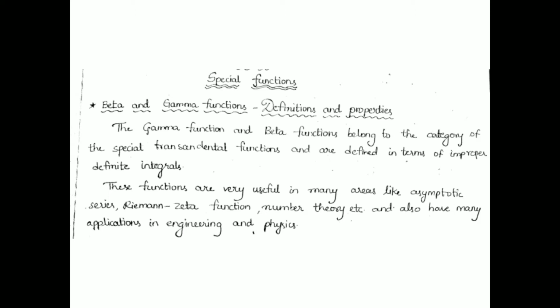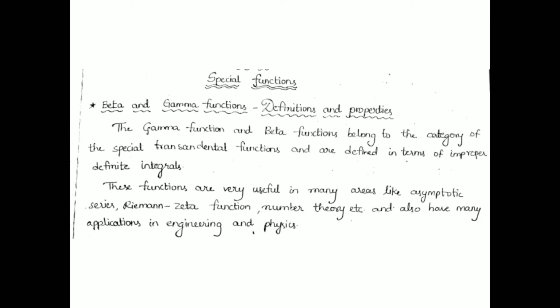The gamma function and beta functions belong to the category of special transcendental functions. These special functions are defined in terms of improper definite integrals.